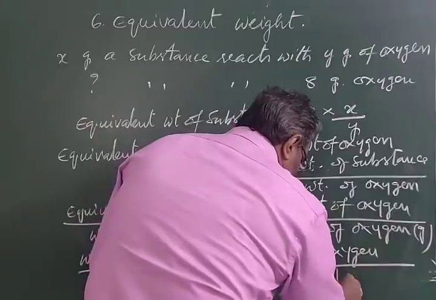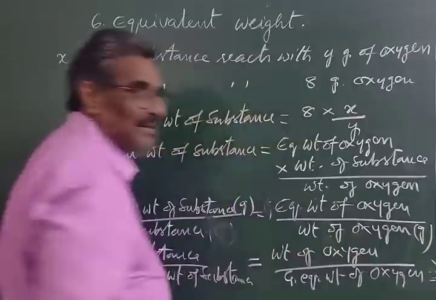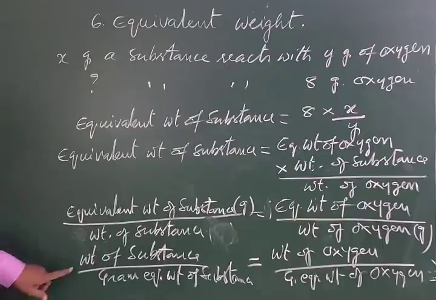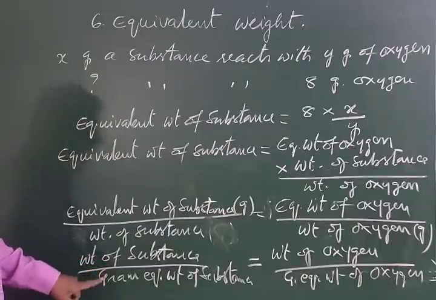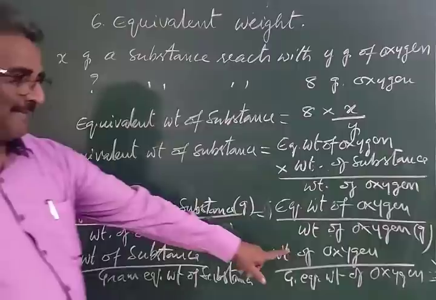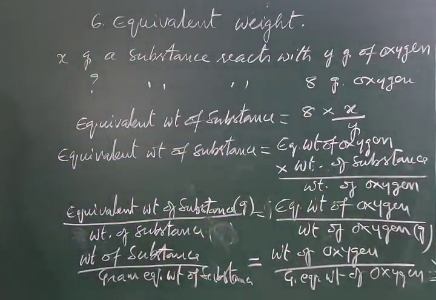Weight of substance by gram equivalent weight of substance gives the number of gram equivalents. Similarly, weight of oxygen by gram equivalent weight of oxygen gives the number of gram equivalents of oxygen.